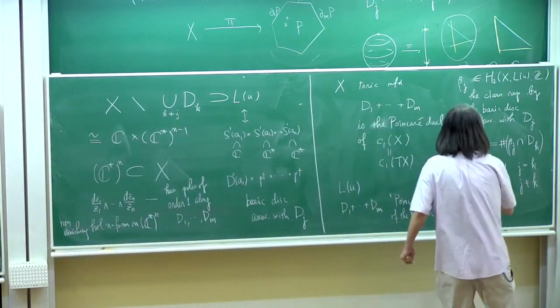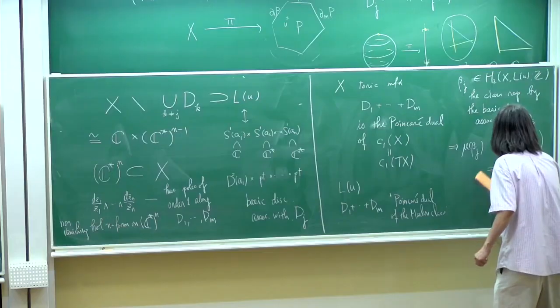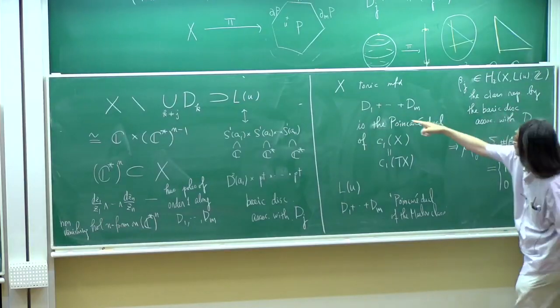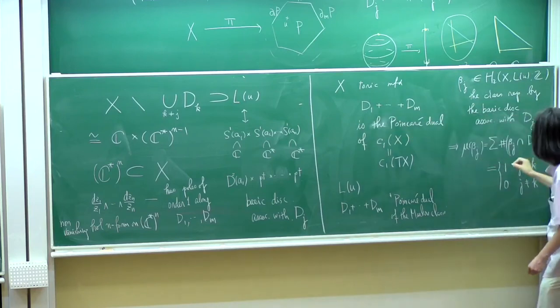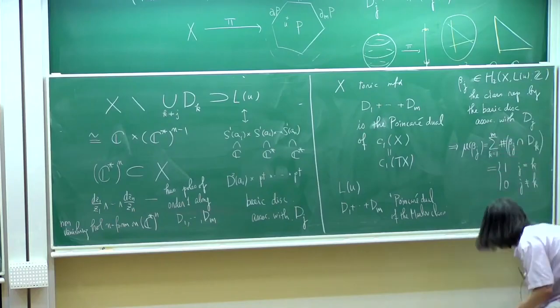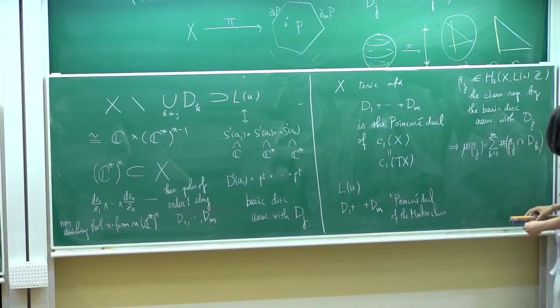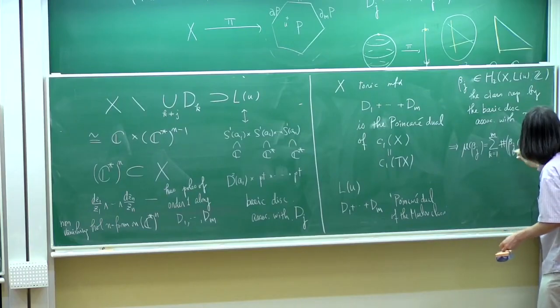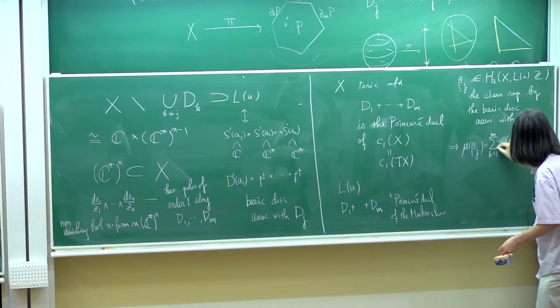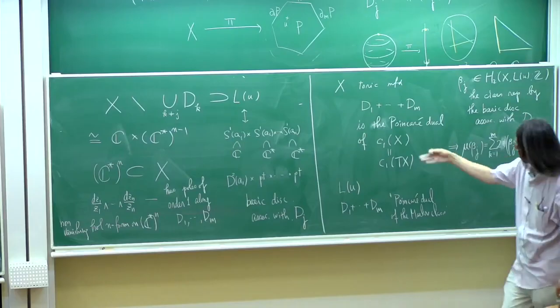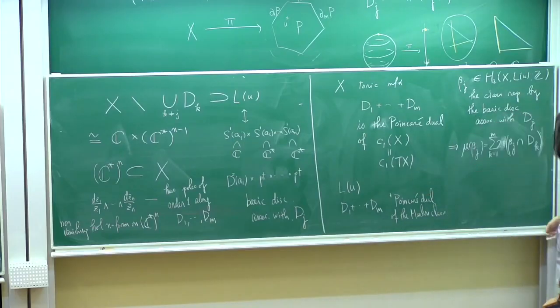This is equal to the sum over k equal to 1 to n, times 2, because the torus is oriented, so all the Maslov indices are even.